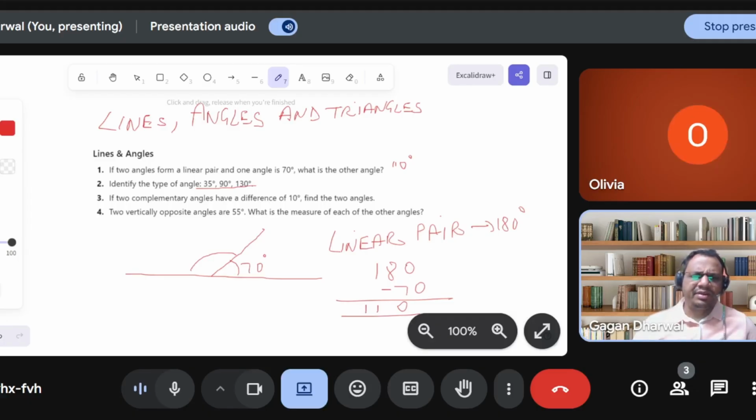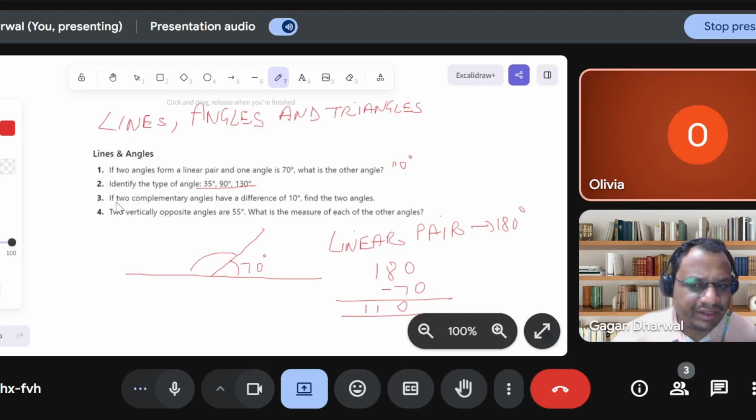And we also have one angle, the zero degree angle. So: zero, acute, right, obtuse, straight, reflex, and complete. We have 7 sets of angles, right? So 35 is acute here, 90 is right, 130 is obtuse.